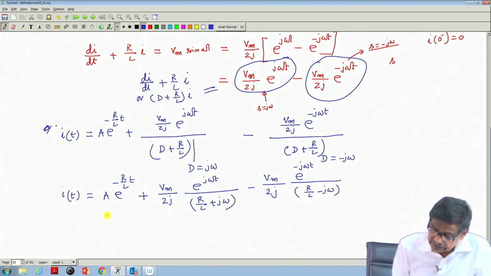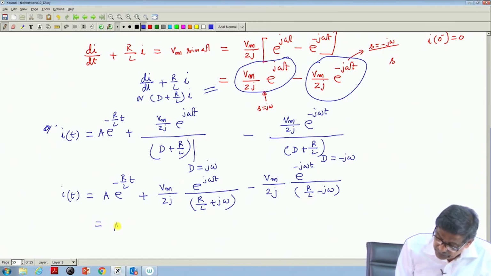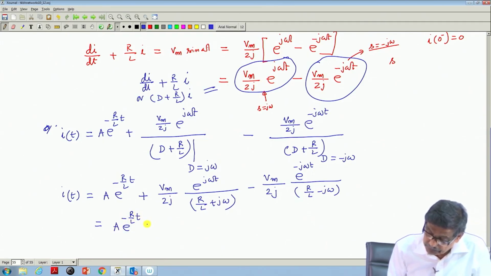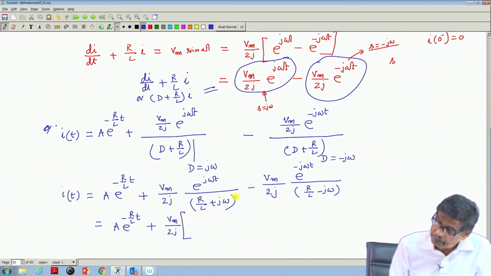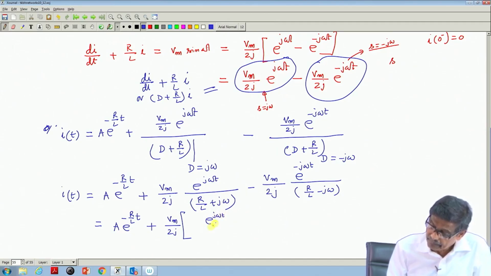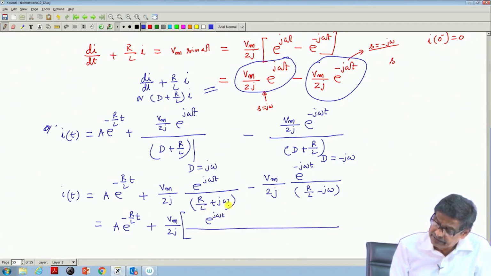So, this will then become equal to, you have to do some complex algebraic manipulations, plus V m by 2j, let it be there because it is common here. Now, below it will be e to the power j omega t, this one. So, V m by 2j I have taken outside for both. Here the denominator will be R by L plus j omega into R by L minus j omega, is it not.